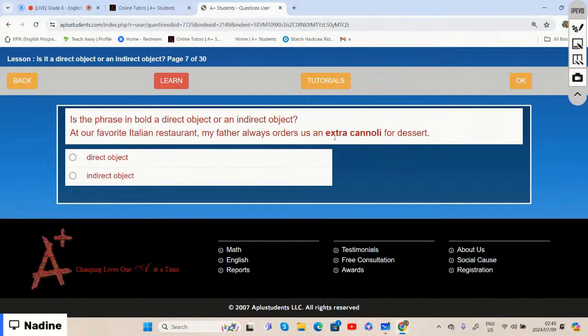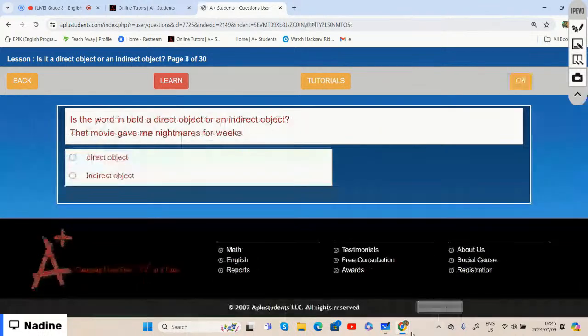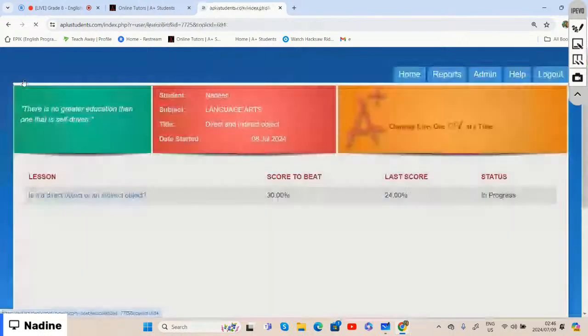So we need to say if extra cannoli is a direct object or an indirect object. And we will say that it is a direct object because it says what our father always orders for dessert.